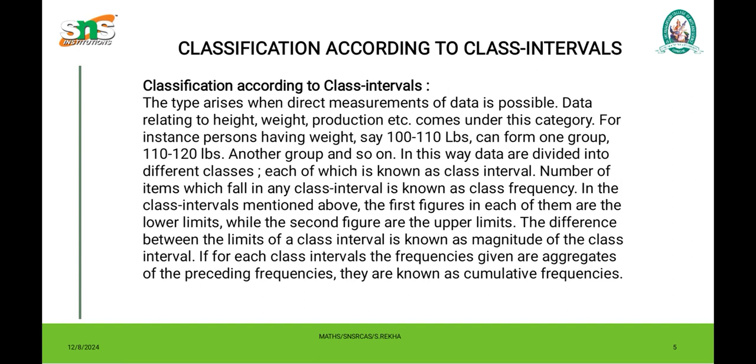So the class frequency can be obtained based on the class interval. Class intervals can be applied to know the mass number of data. For example, if they conduct a TNPSC exam and you want to know the cutoff, how many members got marks within a range, this number of items we can represent as a frequency.